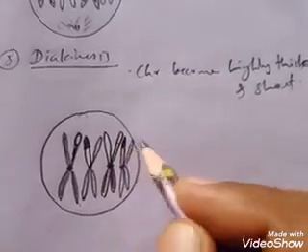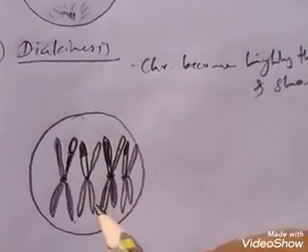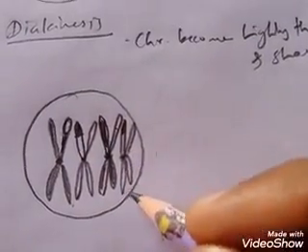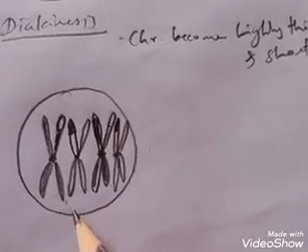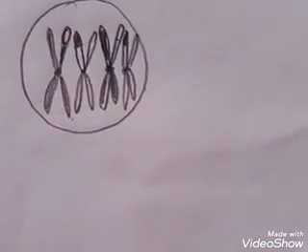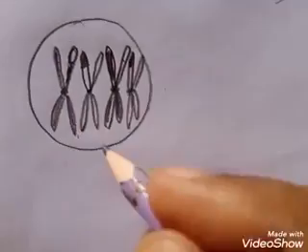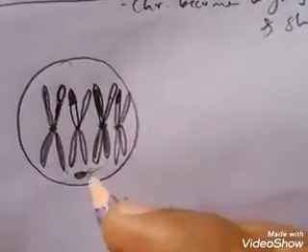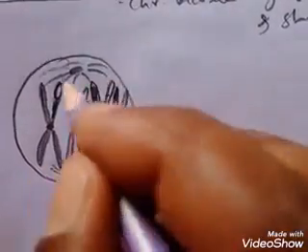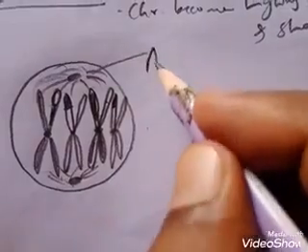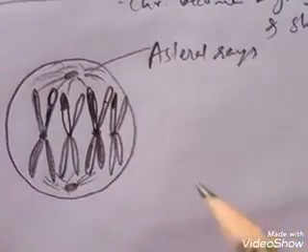This is the exchange of genetic material. The homologous chromosomes repel each other, and astral rays are formed here.